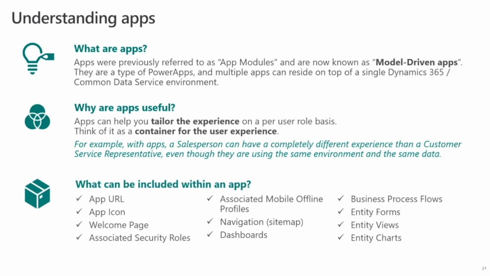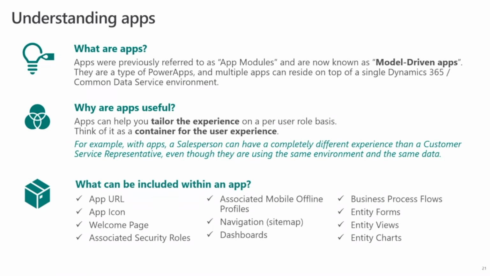You can associate security roles with an app, and that's how you make sure that, for example, your sales people access the sales app and customer service people access the customer service app and don't see the other apps and don't get confused. You can associate mobile offline profiles, so to really target mobile scenarios where users will need to access the data offline while using the mobile app.